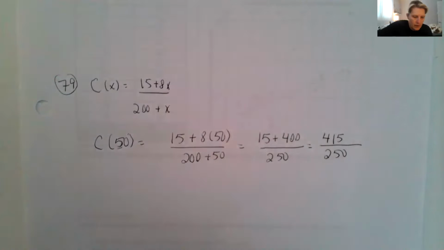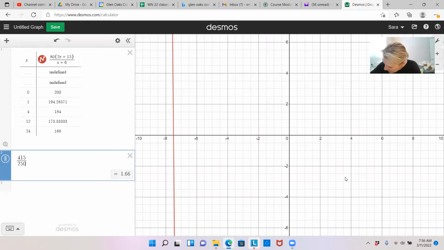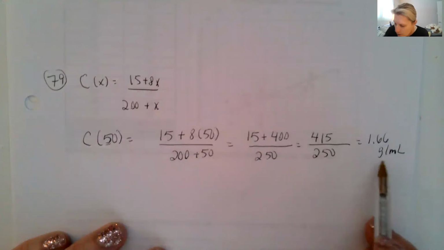I'm going to have to break out the Desmos as well. So 415 divided by 250 gives us 1.66 grams per milliliter. So let me show you that. So 1.66 grams per milliliter.